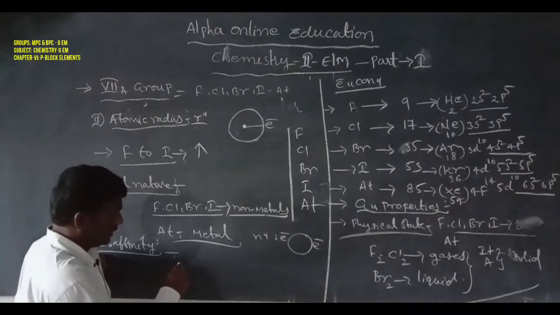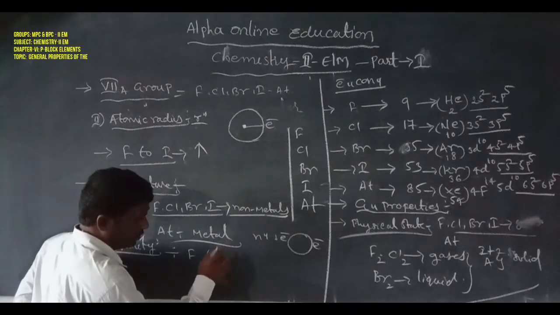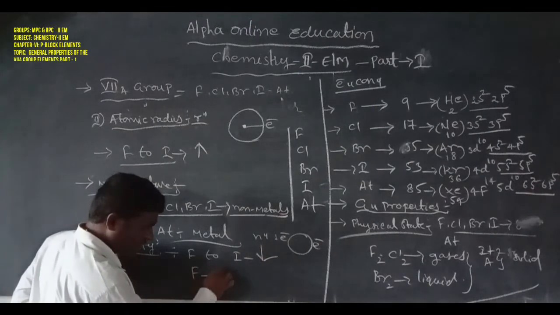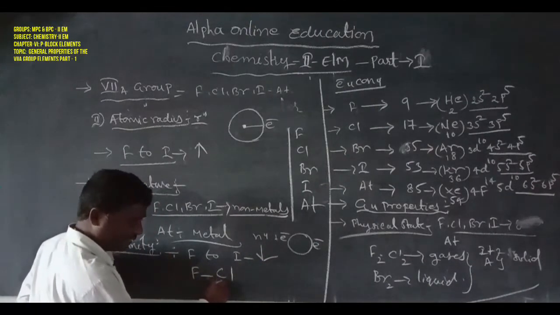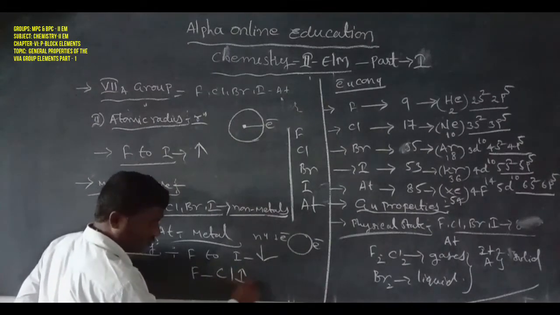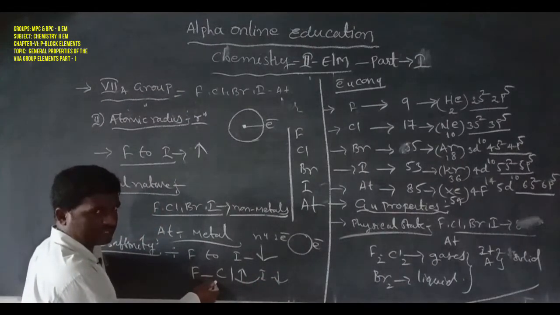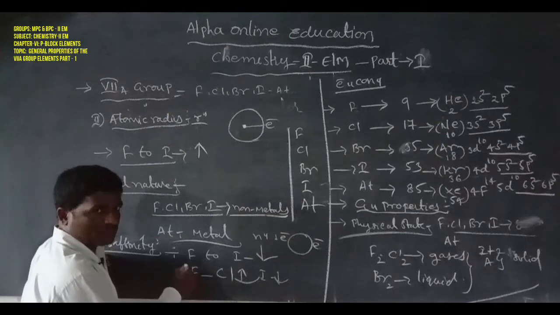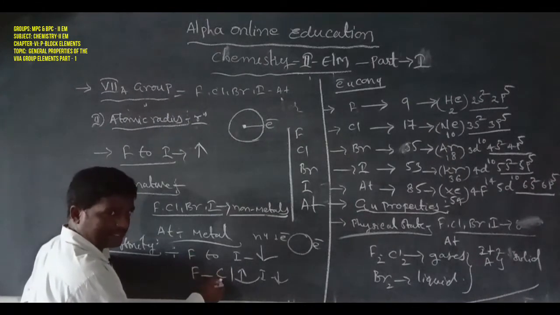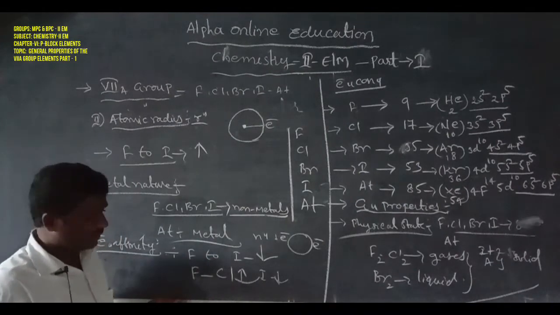In electron affinity, from fluorine to iodine it decreases, but from fluorine to chlorine the electron affinity increases, and from chlorine to iodine it decreases because of repulsion forces in the outermost shell. So fluorine to chlorine electron affinity increases, but chlorine to iodine decreases.